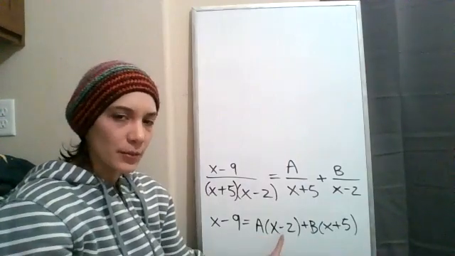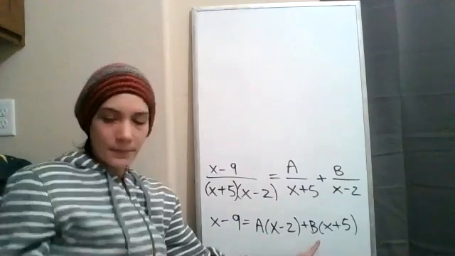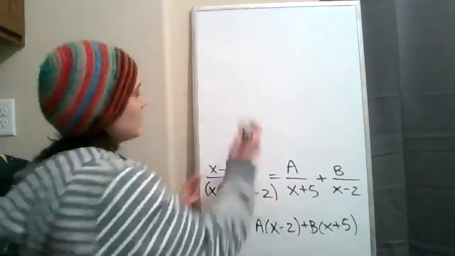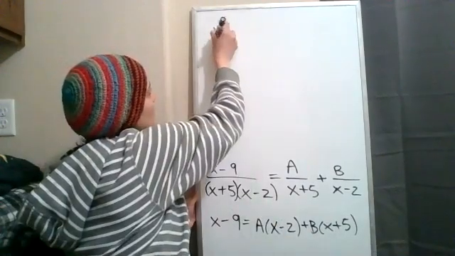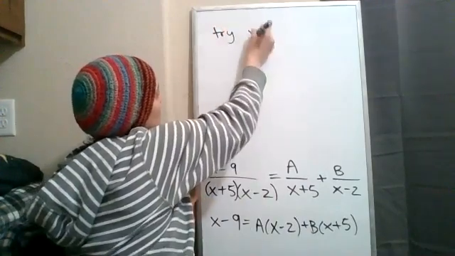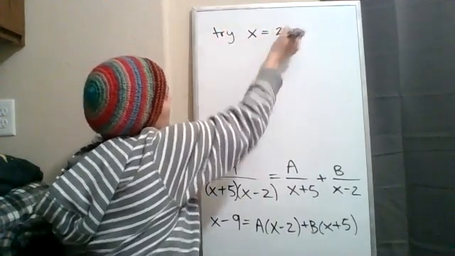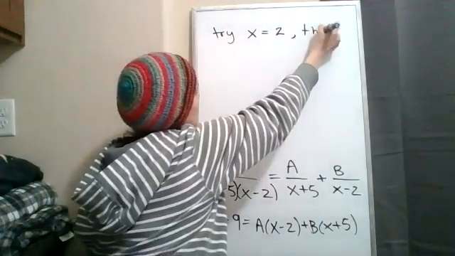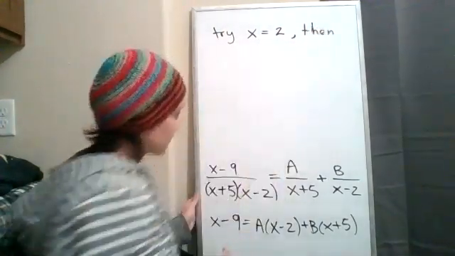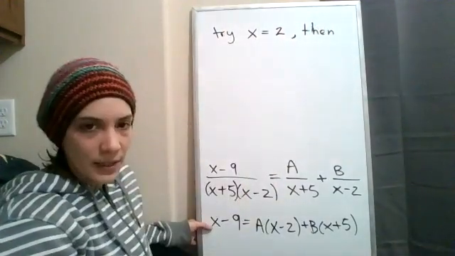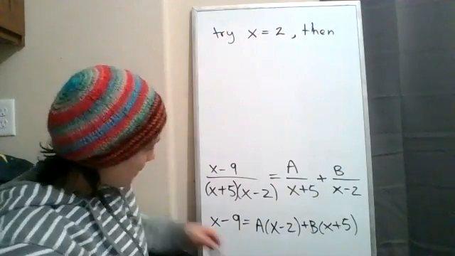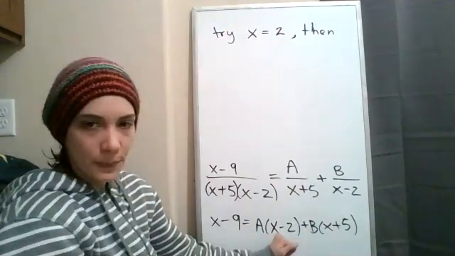Like we could put in x equals 2, that will give us b. So again, you can pick any number for x, but a nice number would be 2.